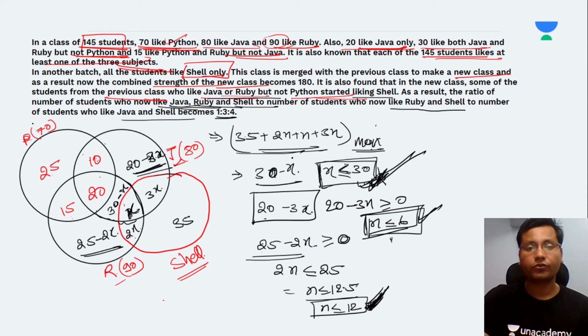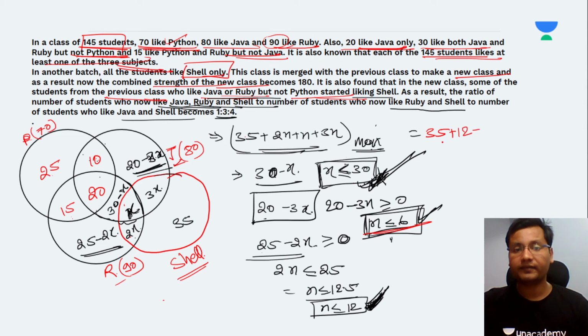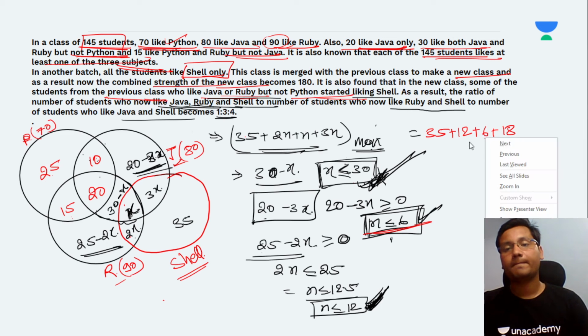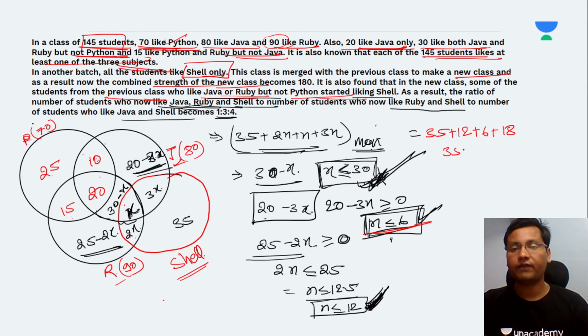Now that the maximum value of x has come, you will get the answer. So the maximum value of this will be equal to how much? That has to be 35 plus 2x, plus 12 plus x, plus 3x. With x equal to 6, that is 12 plus 6, and 3 into 6 is 18. So 35 plus 36, and that is equal to 71.